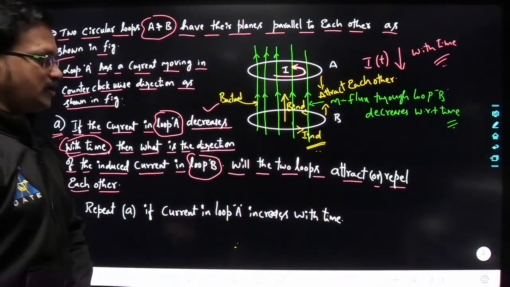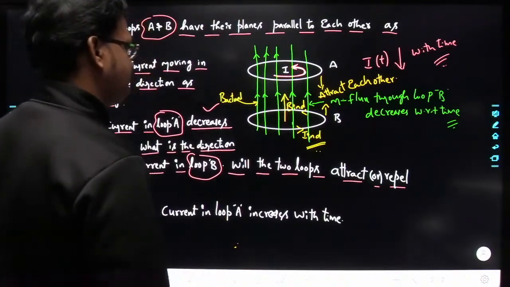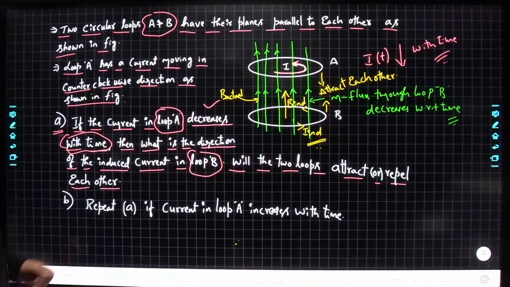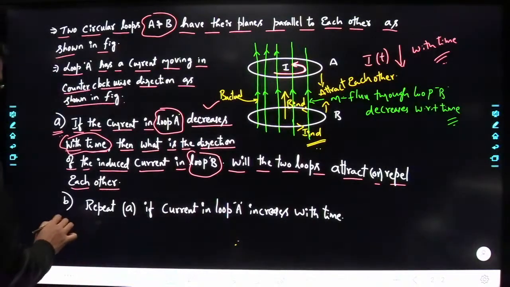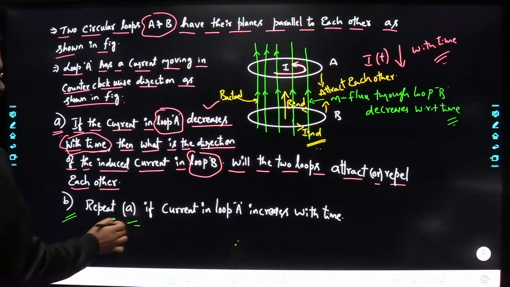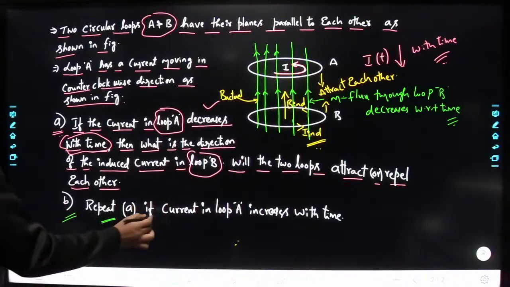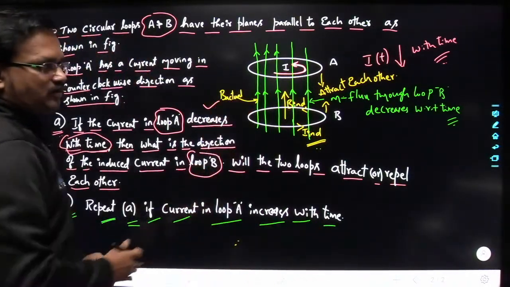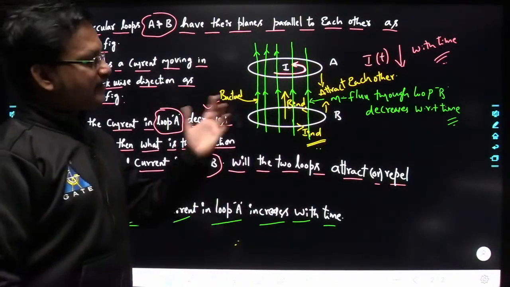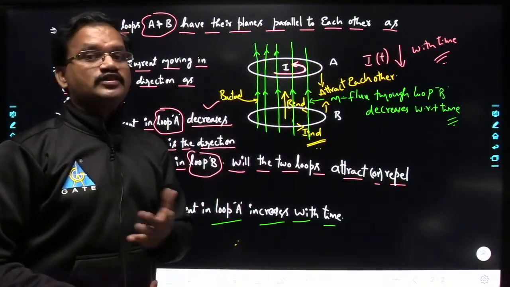Right? Okay, so next, in B, what are they asking here? They are saying repeat A if the current in loop A increases with time. So take the same problem. Now you have to analyze what happens if the current increases with respect to time.